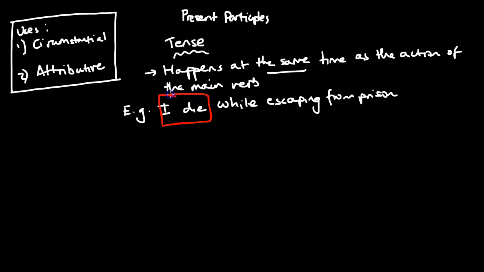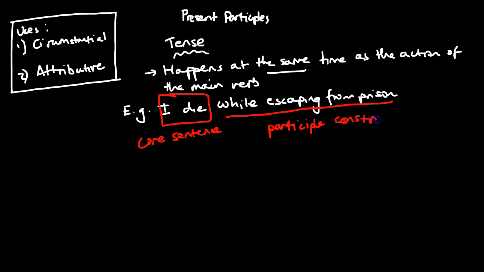I is the subject and die is your main verb, okay? So that's really your core sentence. And then this part is your participle construction. And of course, let's identify the -ing word, which is here, escaping.